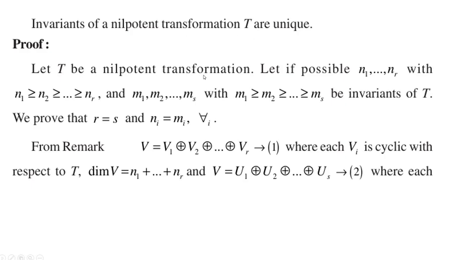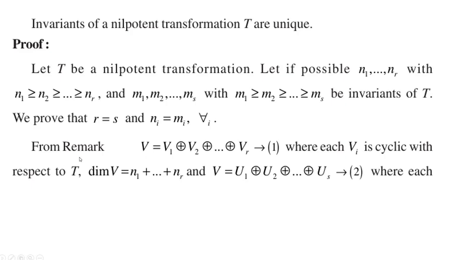Now we'll consider T to be a nilpotent transformation, and if possible, let us take n1 etc. nr with this, and m1 etc. ms with this condition be invariants of T. We would like to prove that if there are r numbers and s in number here, r must be equal to s, and not only that, each one individually must be equal for all i.